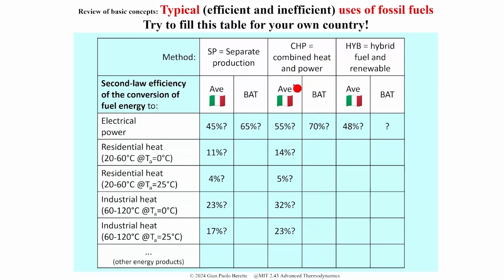And you can do also the same for when you hybridize your use of resources by using some that are fossil fuels and some that are renewable resources. And of course, each line is for what product you are interested in. So electric power, residential heat, winter, summer, industrial heat, cooling, and so on.